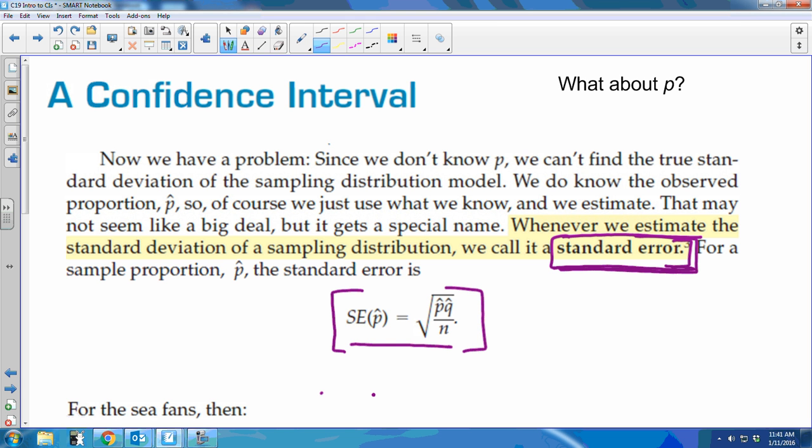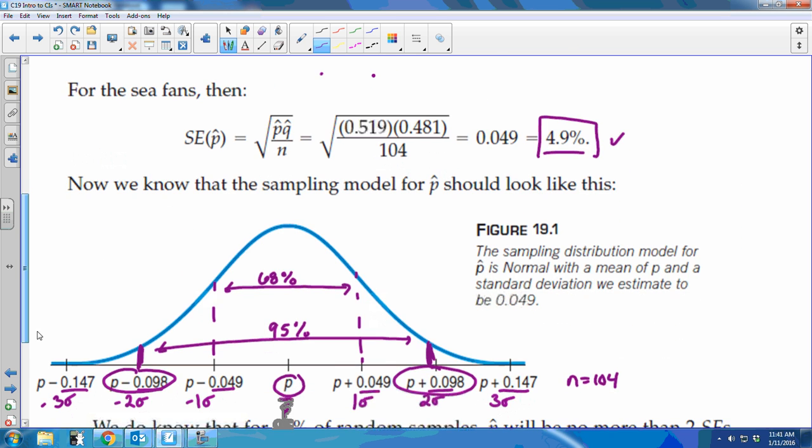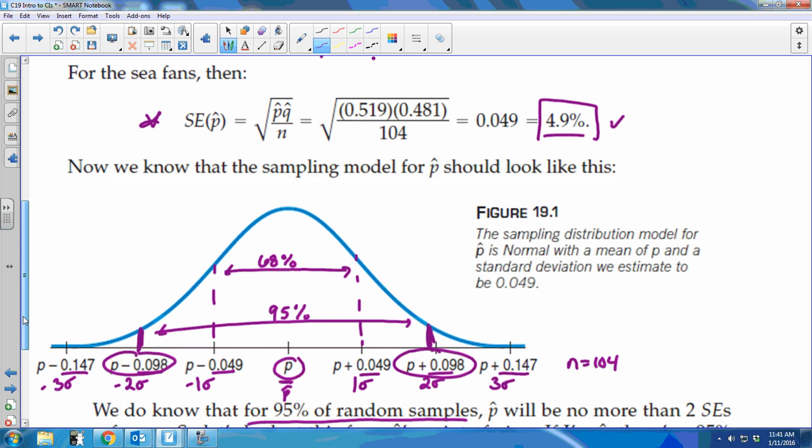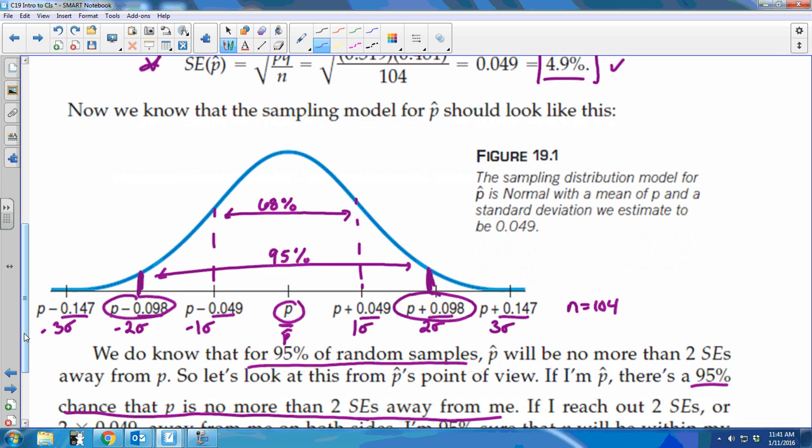Well, then I could start building a model. If I knew what P was, then I could start doing plus or minus the standard error in a normal model. So from the example in the book here, they calculated the standard error. It's 4.9%. And if I knew what P was, I could start adding that 4.9% as my standard deviations in my model, right?